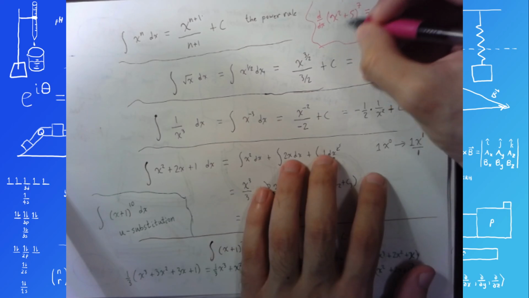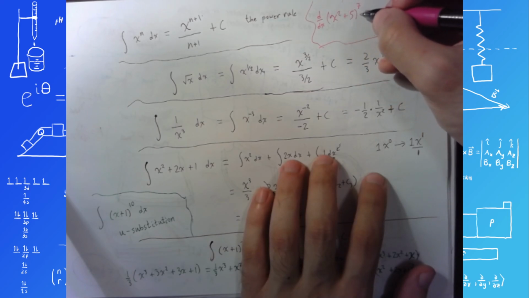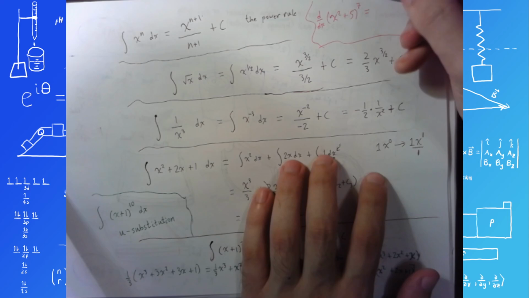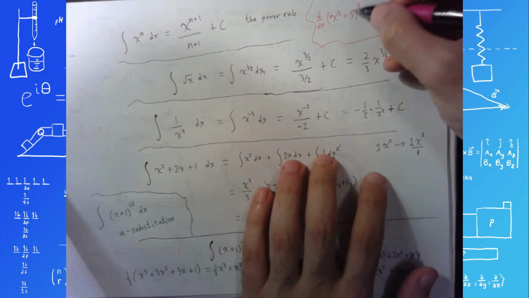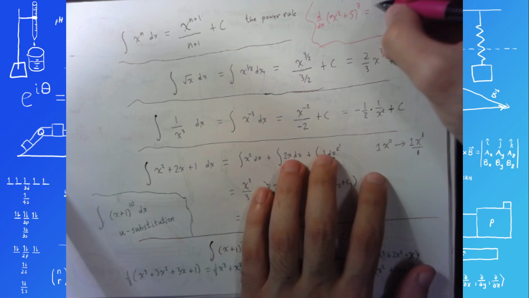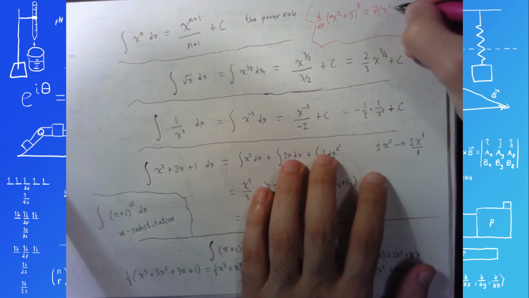X to the 7th would be your outer function, where x was substituted by x squared plus 5. And then you would have to multiply that by the derivative of the inner function, x squared plus 5. So you would do 7 times x squared plus 5 times the derivative of x squared plus 5.